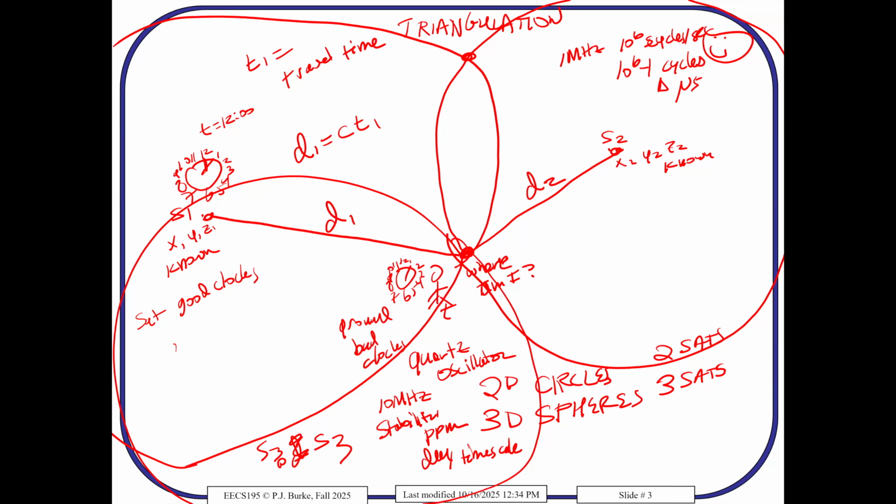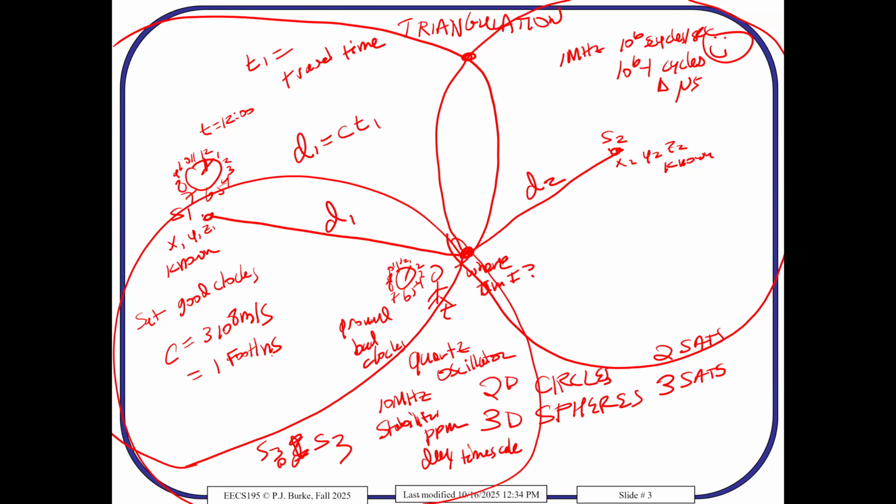So the speed of light is 3 × 10⁸ meters per second. And another good way of putting that is 1 foot per nanosecond. So if your clock is drifting by 1 nanosecond, you're going to have an error on that measurement of 1 foot.